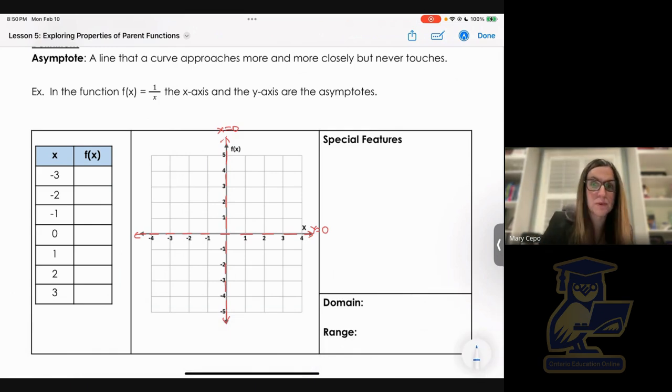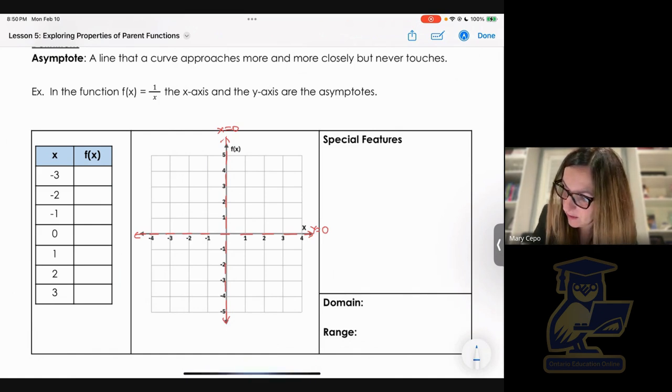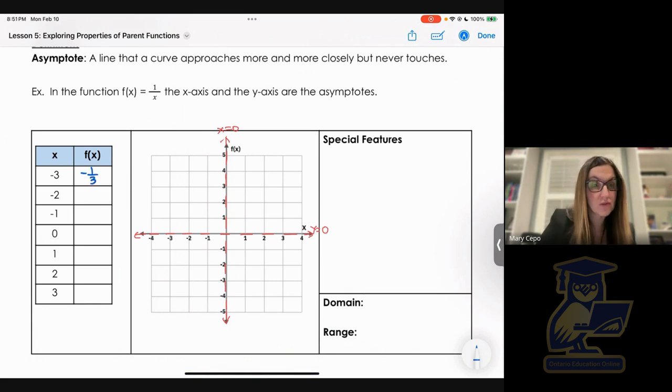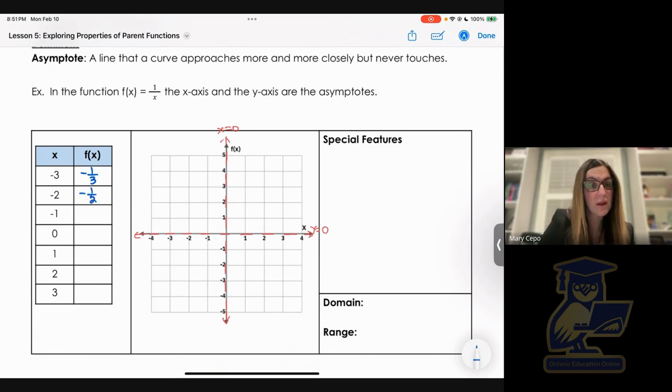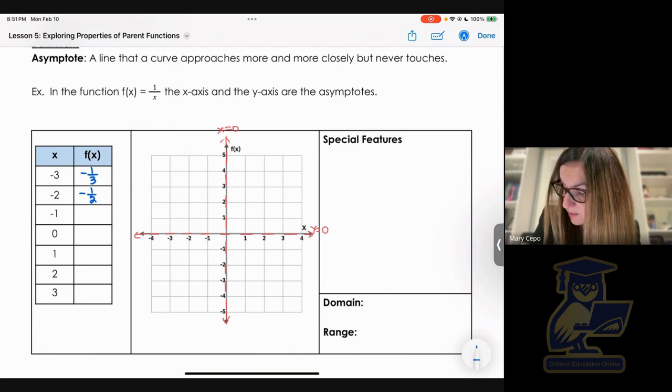Then we know our points will be falling between those asymptotes. Now, if we substitute x being negative 3, our output would be negative 1/3. Substituting negative 2, we get 1 over negative 2, which is negative 1/2. Input is negative 1, substituting into 1 over x would be 1 over negative 1, which we can simplify to negative 1.